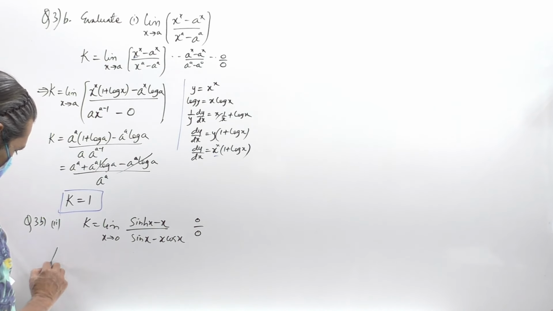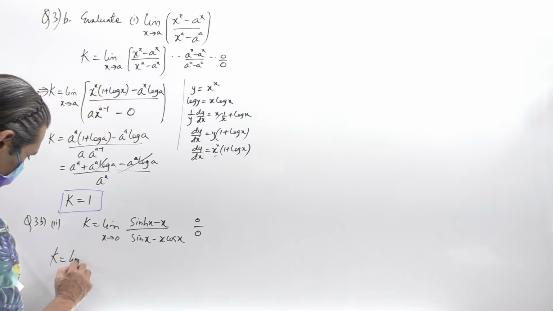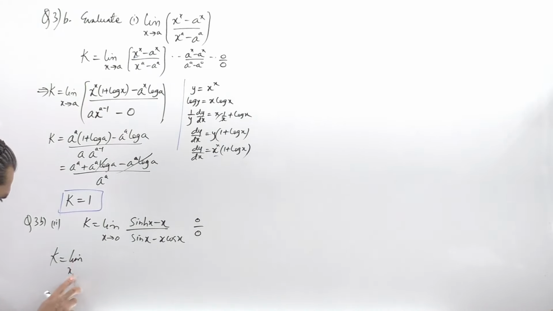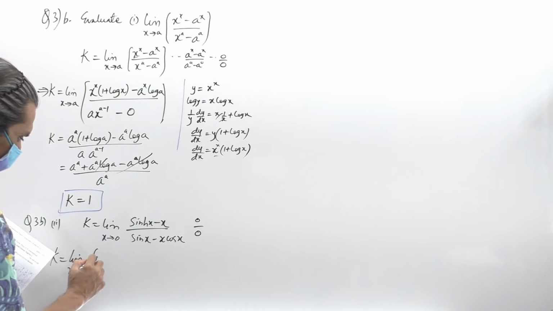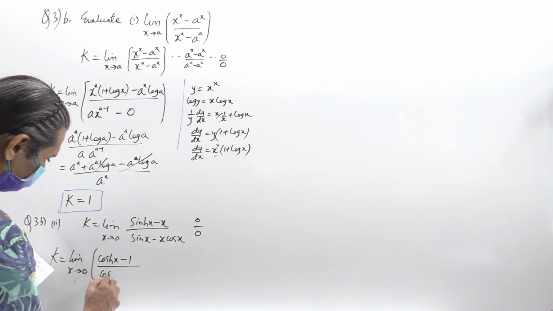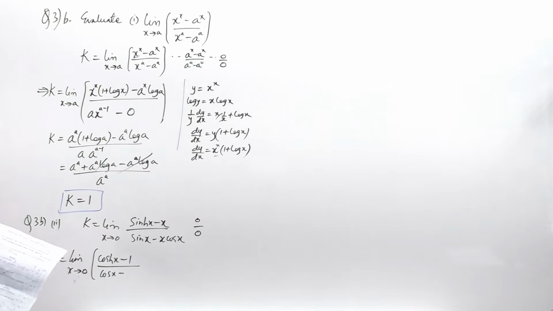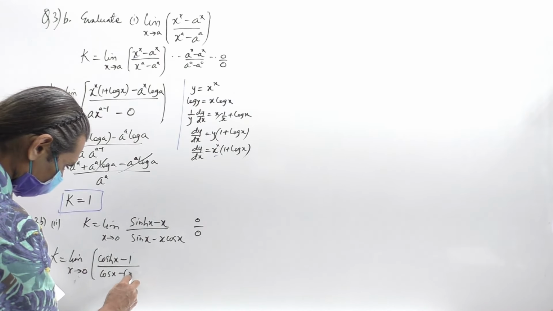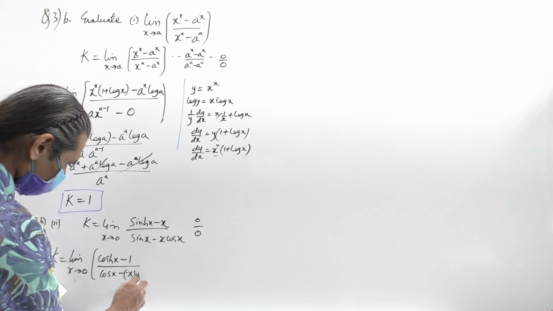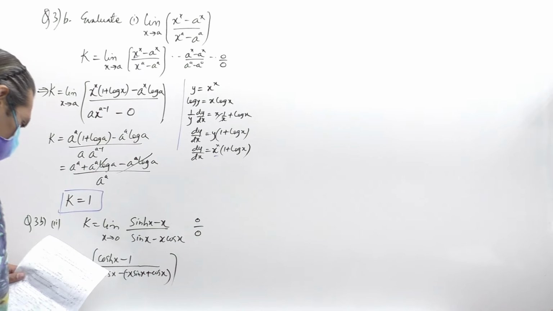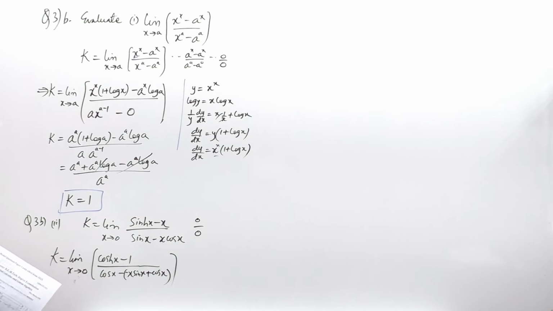So according to L'Hopital's rule, we differentiate. That is, limit as x tending to 0, differentiate this. So differentiation of sin hyperbolic x is cos hyperbolic x minus 1, upon sin x is cos x, again minus, this will be differentiation of x cos x, which will be product rule. So I will put a bracket here: x into derivative of cos x, which is minus sin x, plus cos x as it is, differentiation of x being 1. Now let's simplify this first.